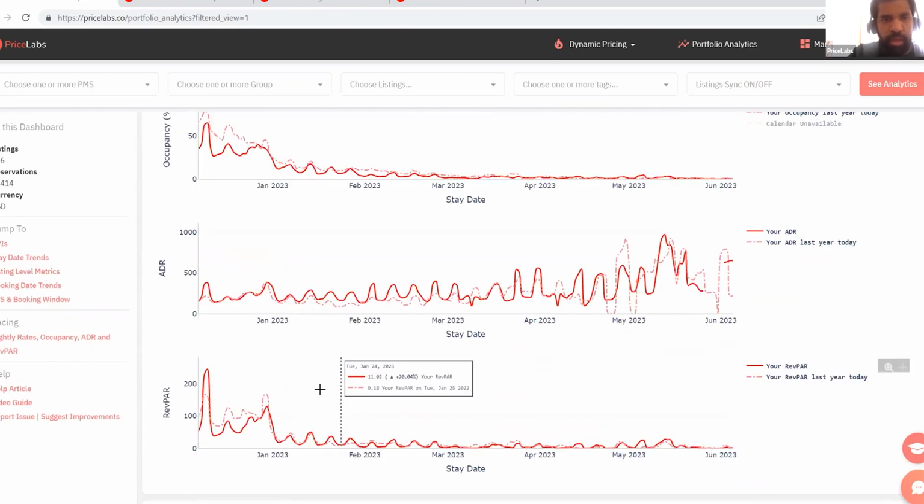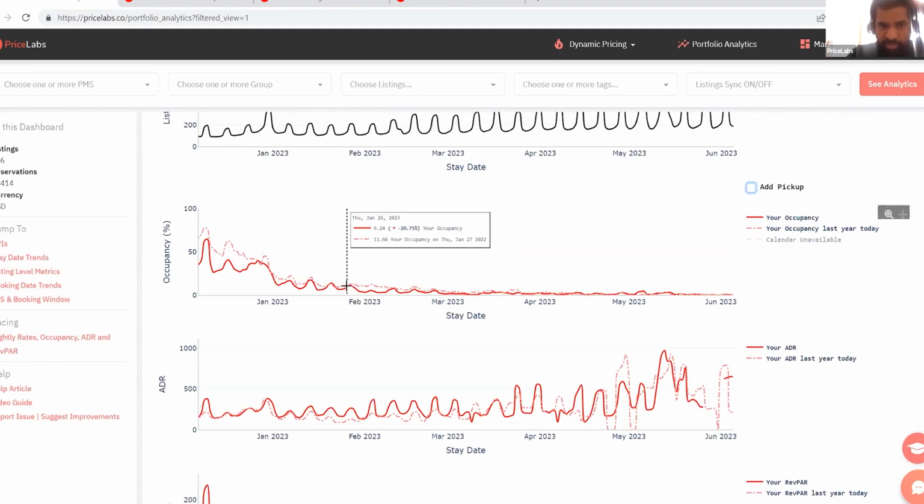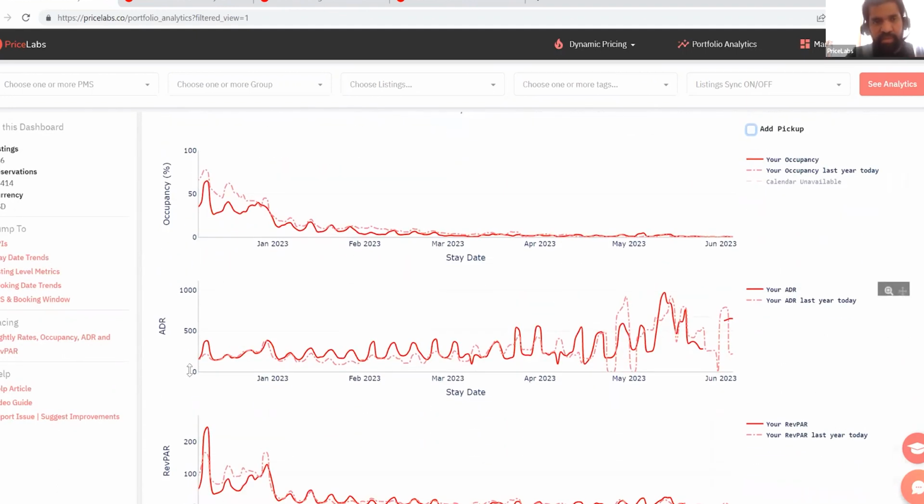Similarly, while I have compared occupancies, I want to compare ADRs and see how I am doing in terms of my average daily rate. I can see my average daily rate number today and last year. Normally, you'd want to see your ADR slightly higher, adjusted for inflation, unless you think that there is a slowdown in the market, in which case it should be a little bit lower, right?